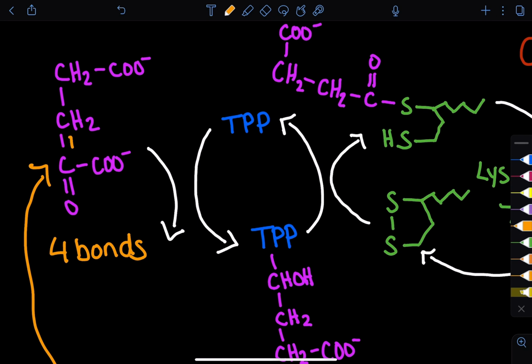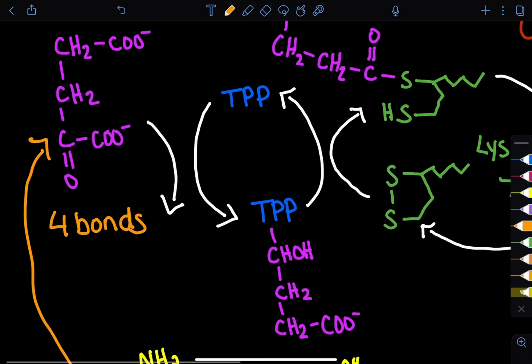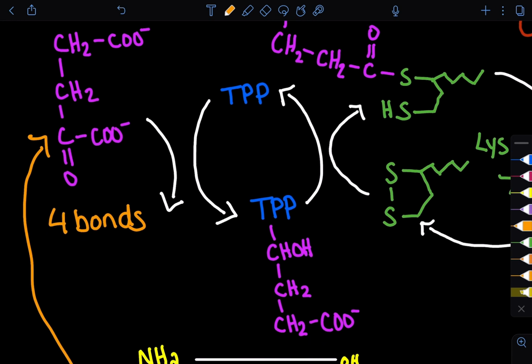And it's actually going to break its bond right over here. So we're going to get a release of this COO minus. And what's this COO minus going to make? It's going to make carbon dioxide, CO2. Because remember, the structure of COO minus is simply going to be like this. And this is carbon dioxide.